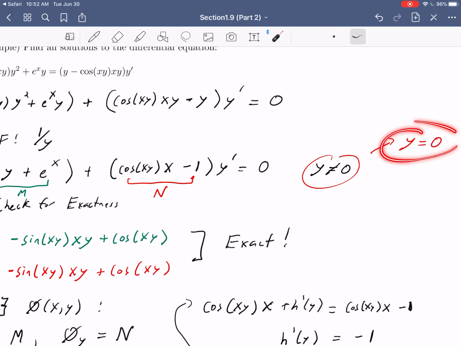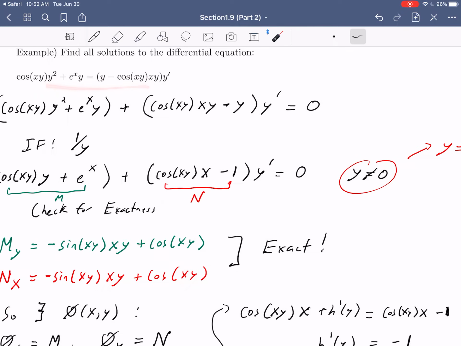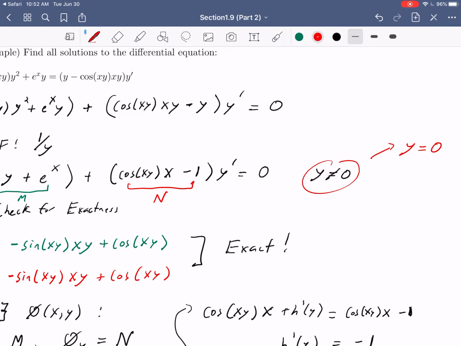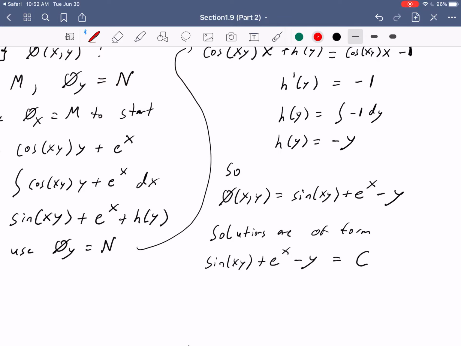Well, let's go back to our original differential equation, y equals 0. If y equals 0, this term will be 0, this term will be 0, this will be 0, this will be 0, and of course y prime will be 0, so 0 equals 0. This does work. So we get solutions of this form, and also we get that one extra particular solution, y equals 0.